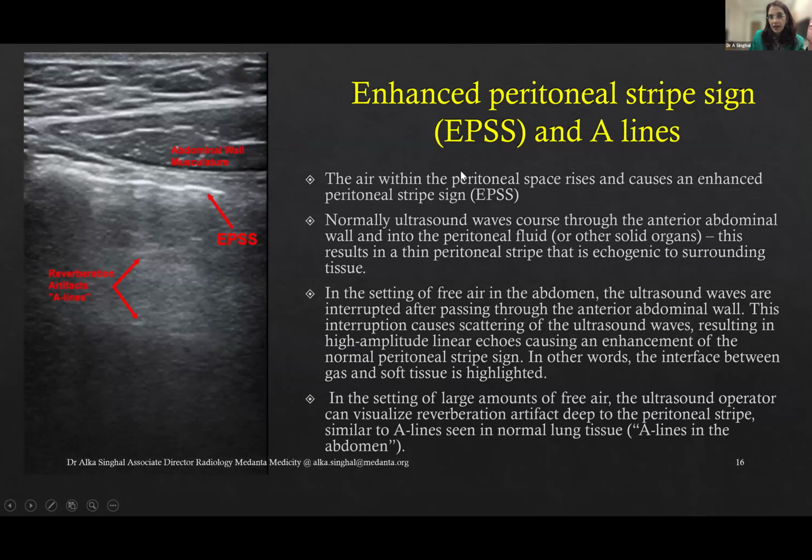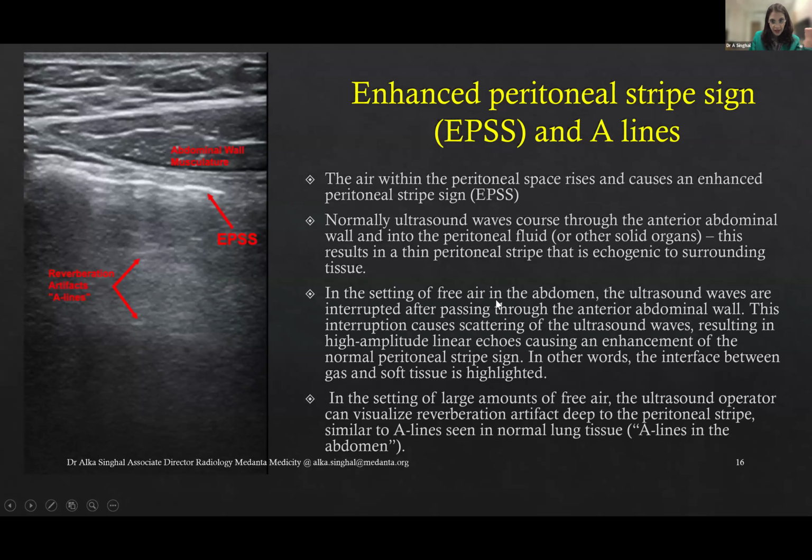Now, normally, you do not see that much echogenicity of the peritoneal stripe. What happens is that the air within the peritoneal cavity rises and causes the enhanced peritoneal stripe sign. Normally the ultrasound waves course through the anterior abdominal wall into the peritoneal fluid and result in a thin peritoneal stripe.